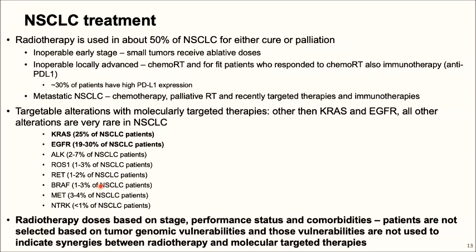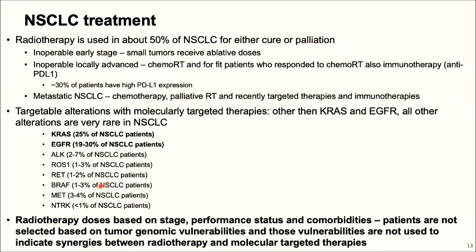For metastatic patients, it's chemotherapy and palliative radiation therapy, and recently targeted therapies and also immunotherapies. So targetable alterations with molecular targeted therapies that are approved, at least in the US by the FDA, involve several targets.